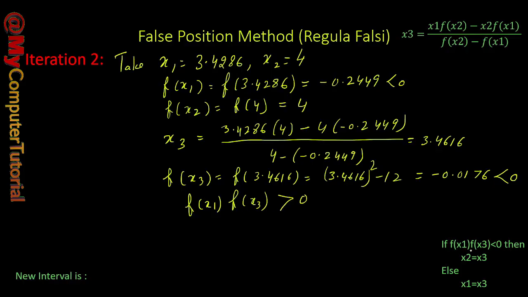And if f(x1) into f(x3) is greater than 0, then we have to change x1 is equal to x3. So x1 is equal to 3.4616. So the next interval is 3.4616, 4. We will take these values for the next iteration.